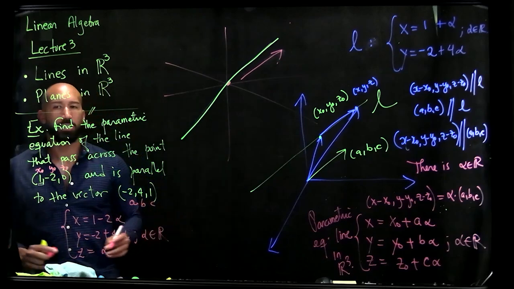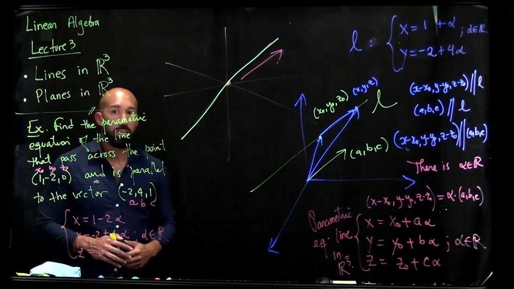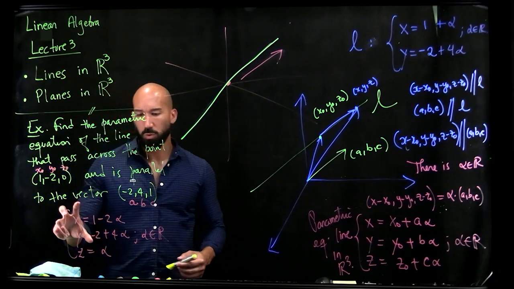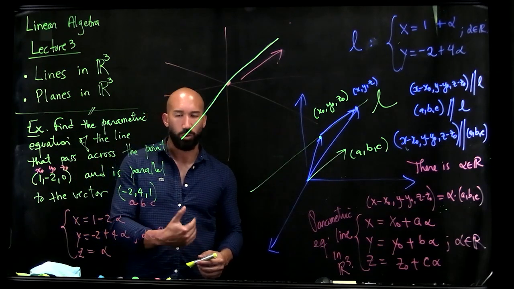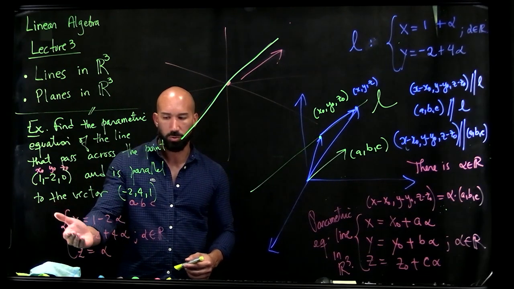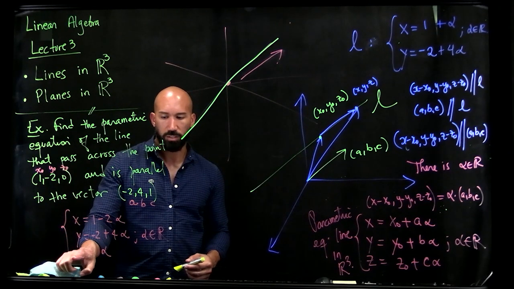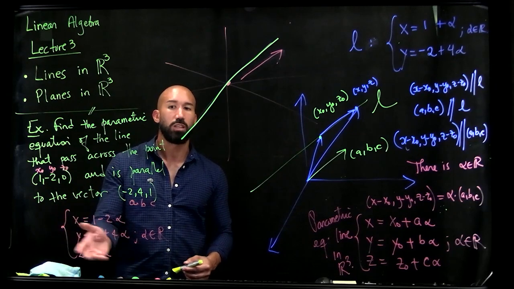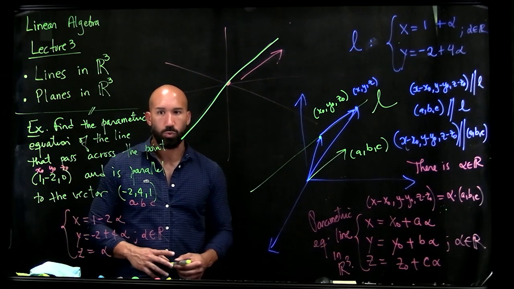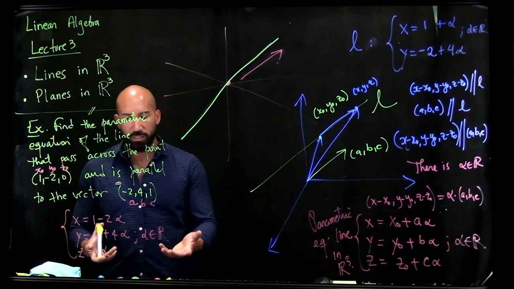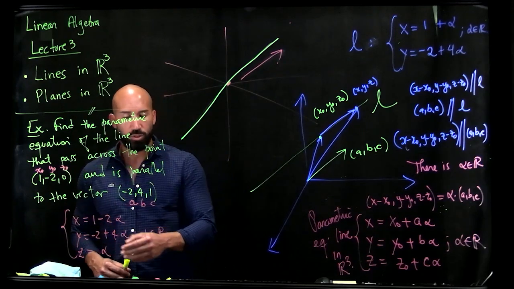And we can use this equation for the same purposes we used the equation in R2. If we have a point and we want to know if that point is on the line or not, the only thing that we need to do is to plug the value of x here, the value of y here, the value of z here, and verify whether there is one value of alpha converting these three equations into identities, satisfying all these equations simultaneously.